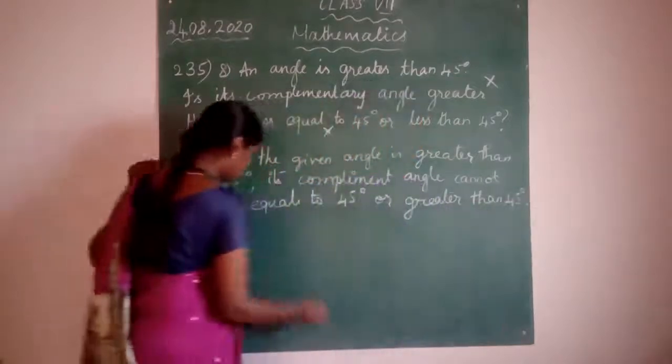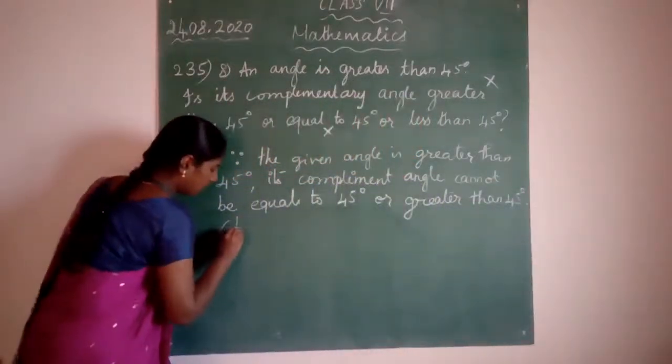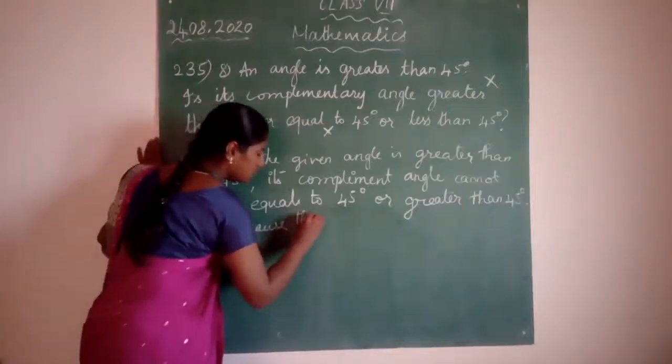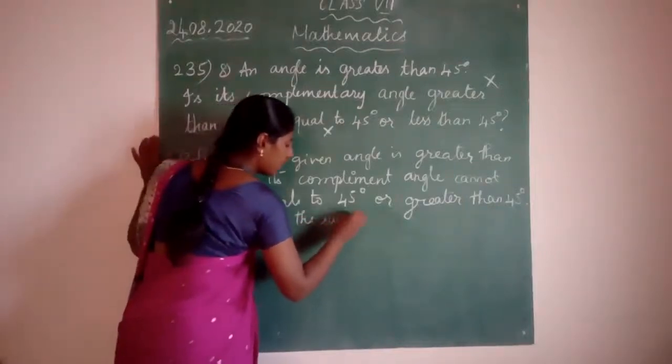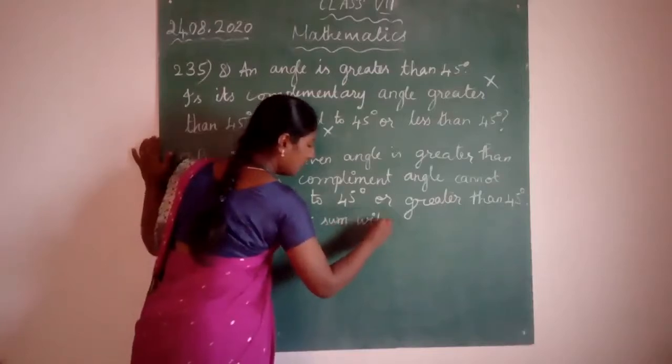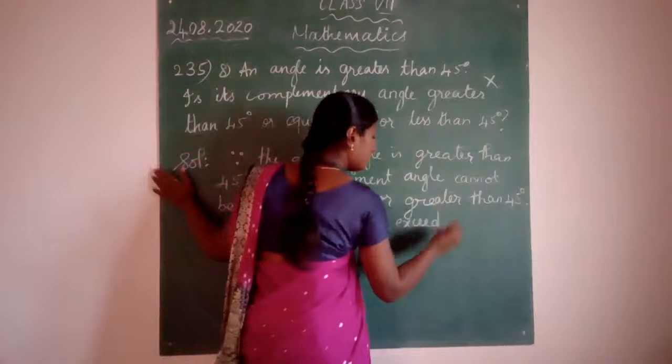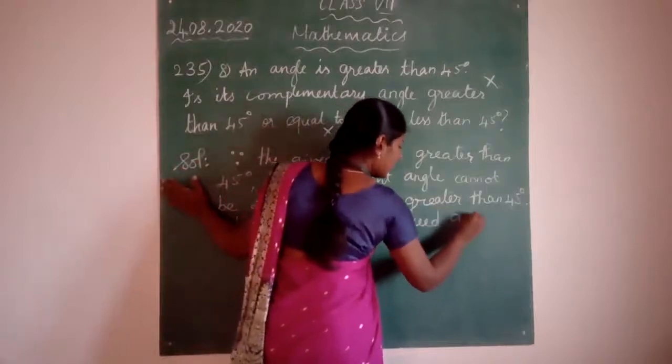Why is it? Because the sum will exceed, that means go beyond, will be more than 90 degrees.